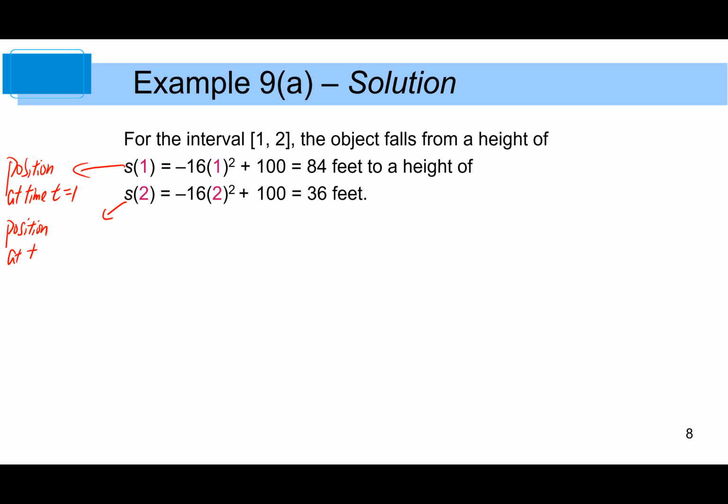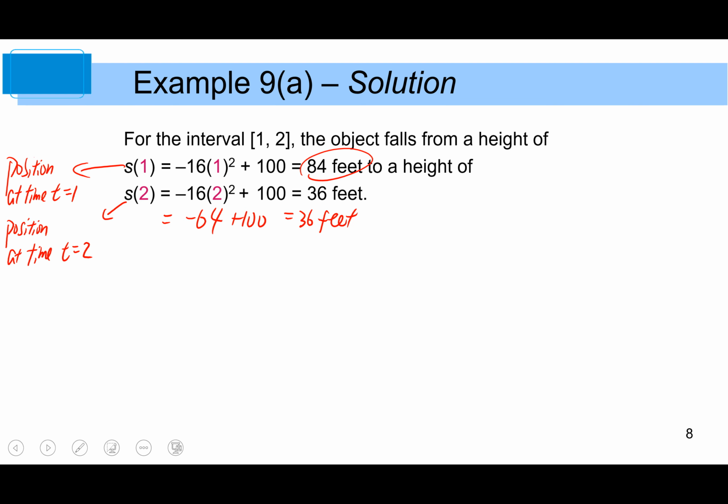So the position s of 1 is negative 16 plus 100, which equals 84 feet. S of 2 is negative 16 times 2 squared plus 100, which is negative 64 plus 100, giving us 36 feet.